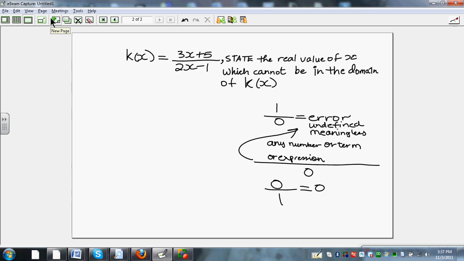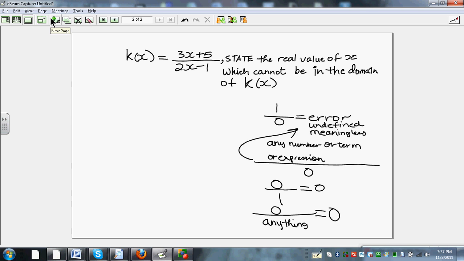So the same thing holds now. 0 over any number always gives you back 0. Okay? So 0 over anything, to summarize it. Whether it be a number, a term, or expression, 0 over any one of those will still give you 0.